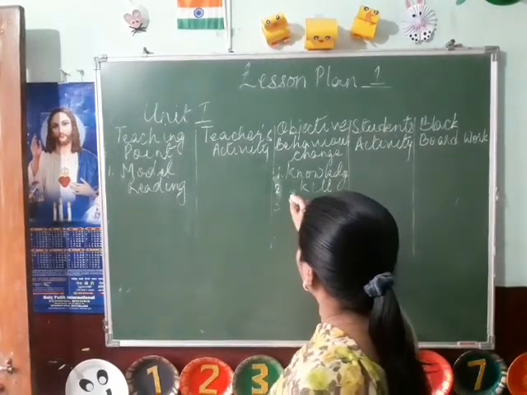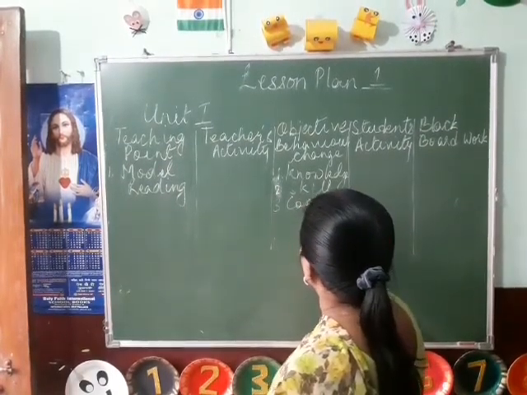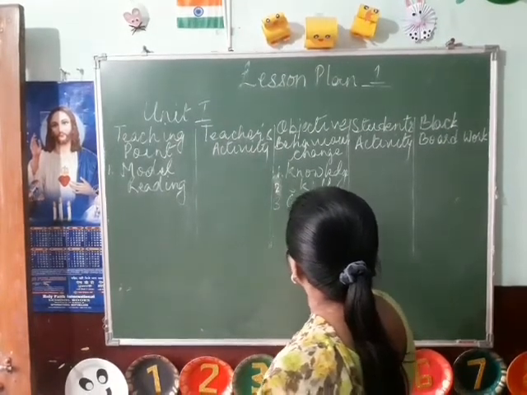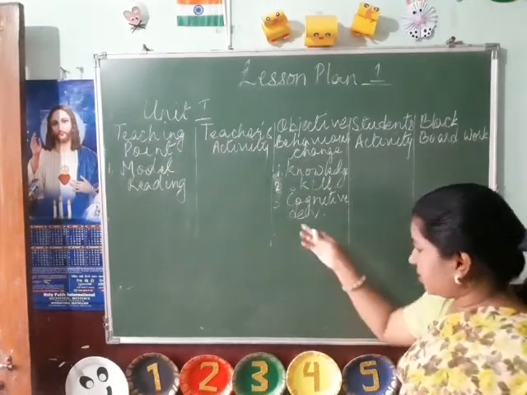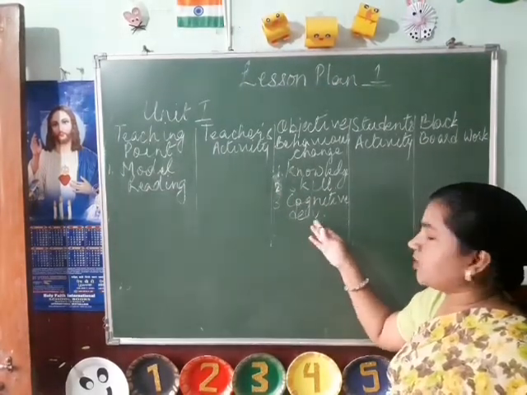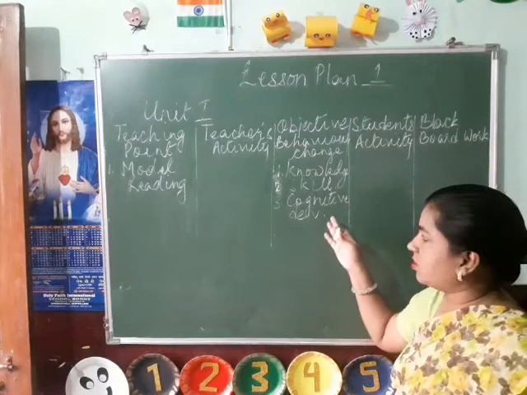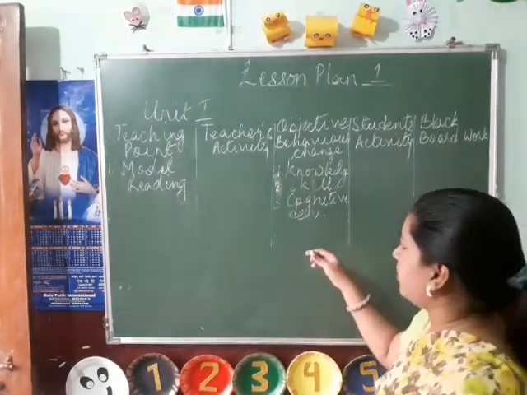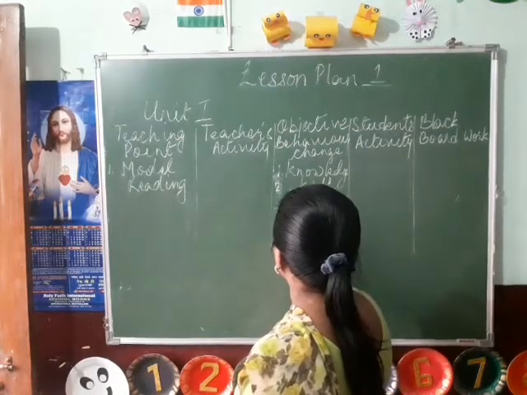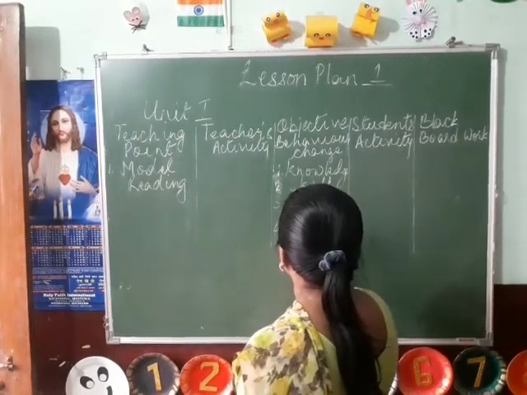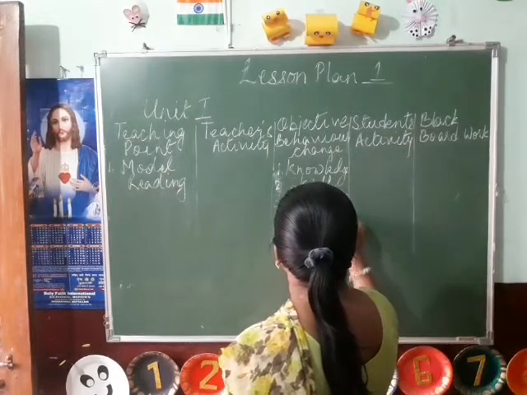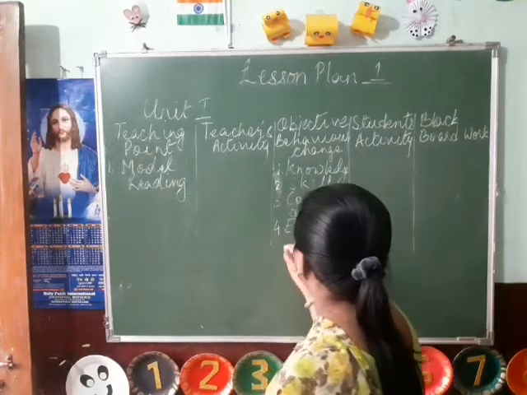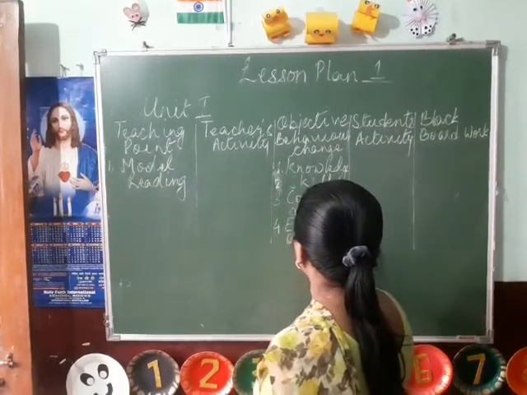Third point is cognitive development. In the students, cognitive development, that is mental development, takes place, and their logical power and all those things they develop. The fourth point is the experimental objective is fulfilled.